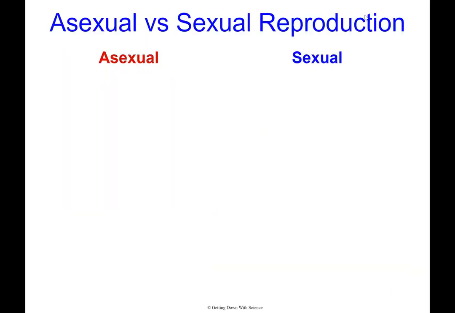Okay, the other big thing we want to talk about here is sexual versus asexual reproduction, because reproduction plays a big role in our genetic variability or diversity. How are the genes being passed on? So when we're talking about asexual, we're talking about a single individual or organism.